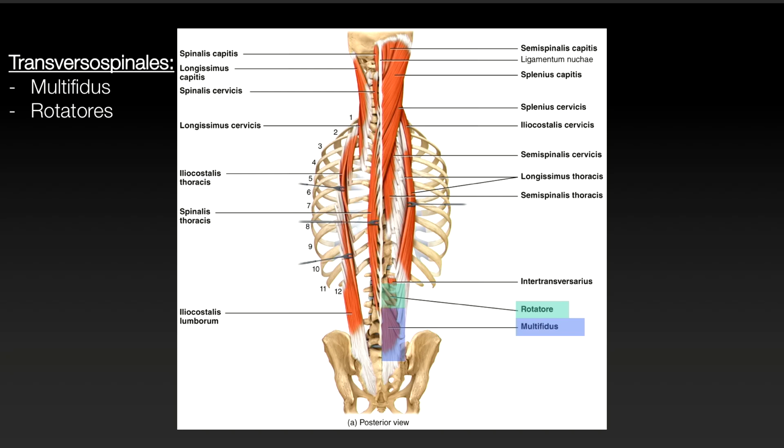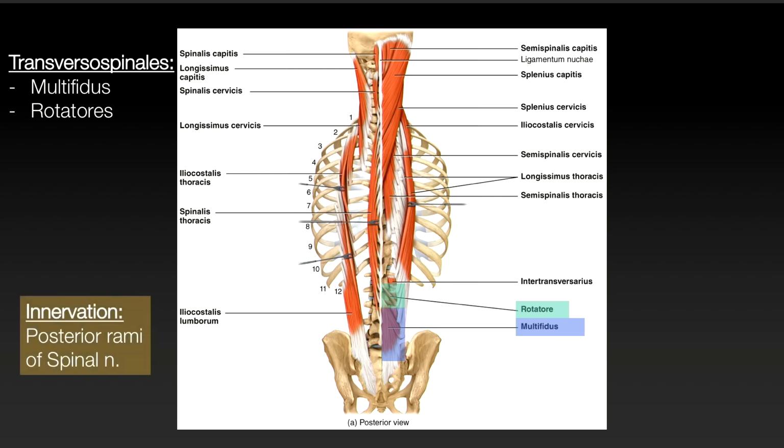Any guesses on the innervation of these deep back muscles? I know you know. Who else has an idea? What nerves would innervate these muscles? Who was paying attention in the last 5 minutes? Yeah, Olivia. The rami. Which rami?